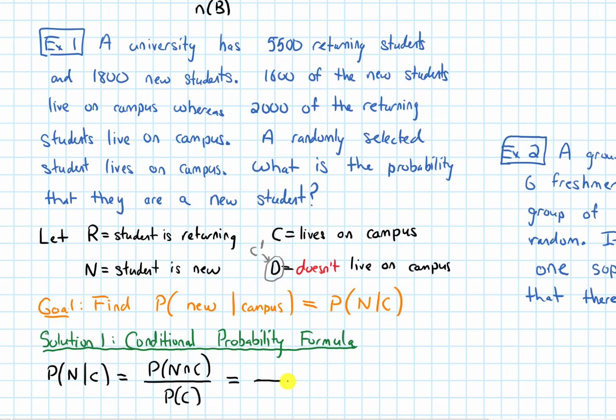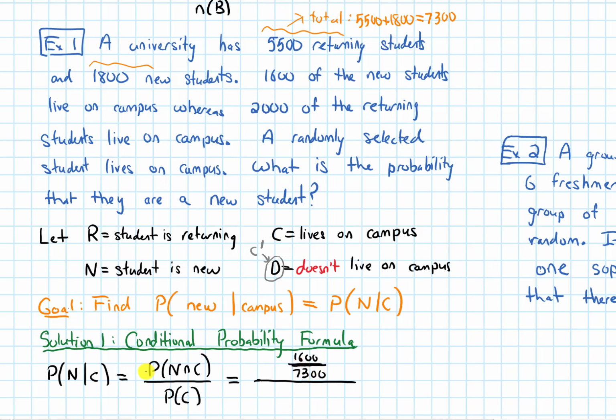So it's going to be 1,600 over something. To figure out how much I divide by, I need to know how many total students there are. I see there's 5,500 returning students and 1,800 new ones, so I can use that to figure out the total. The total is going to be 5,500 plus 1,800, which is 7,300. So that is going to be the denominator of this fraction.